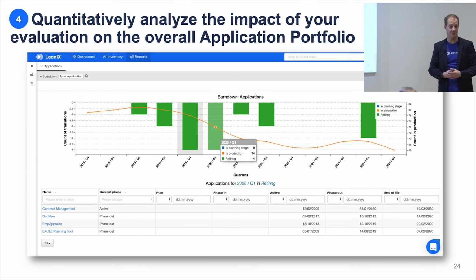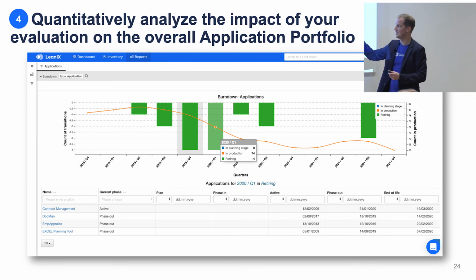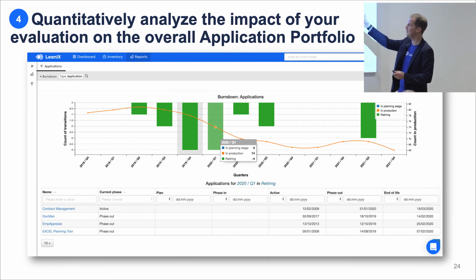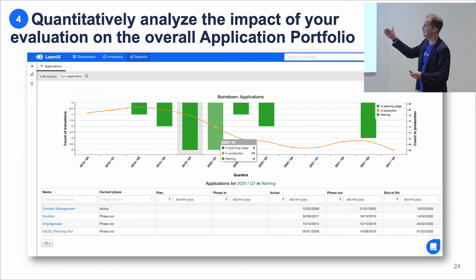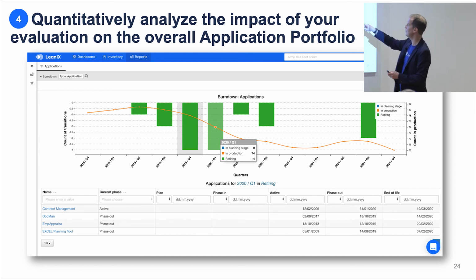Now the question is, what does it give us in more tangible value? And I think it was in yesterday's presentation, Nancy, that you mentioned the burn down report as one of the favorite ones. You can immediately see at which point in time you are reducing which number of applications.